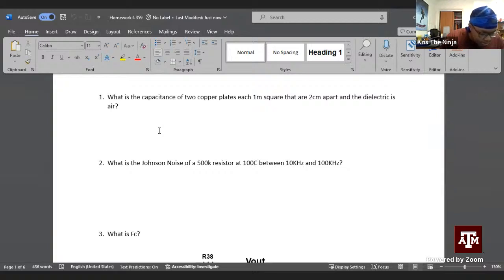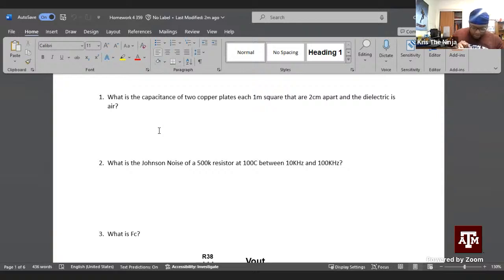It's like C equals A over D times epsilon, or something like that. Where is it? Trust me, I'm almost a professional.